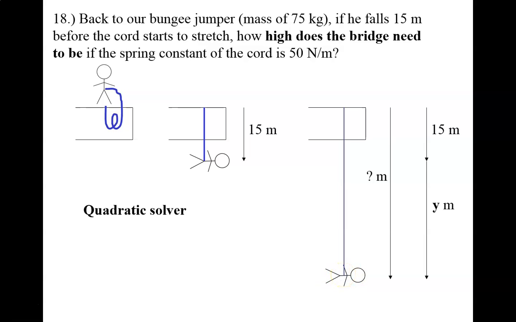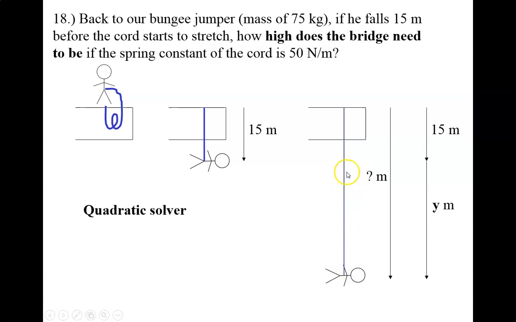Yes, we do. And what we're going to use for our x is going to be the y. We're not going to use this full distance because it unraveled 15 meters before it started to stretch. So this is where it started to stretch. So our distance y is what we're going to use for our kx squared over 2.